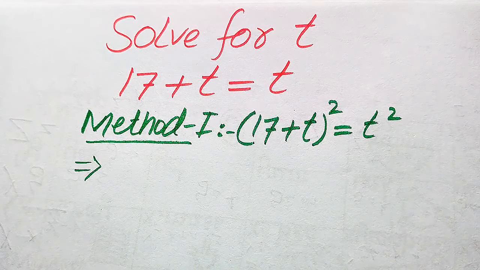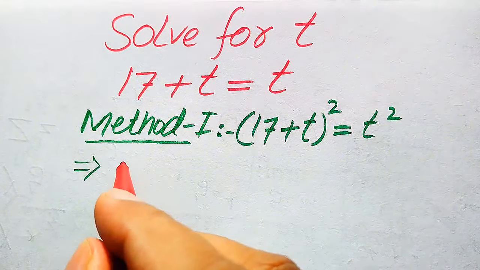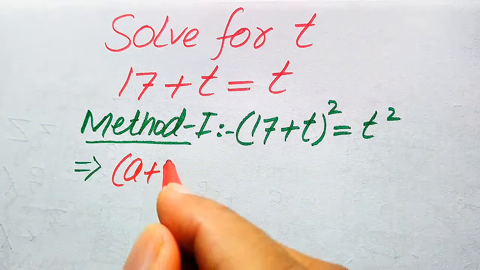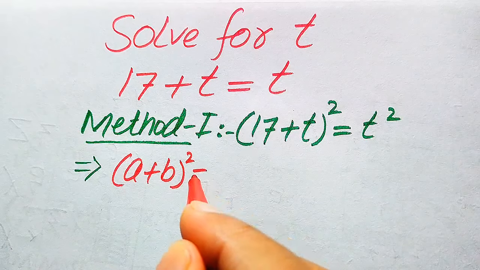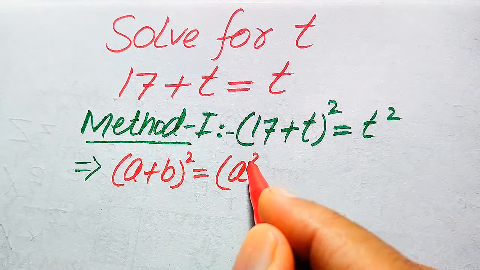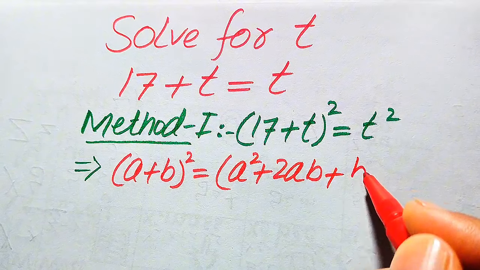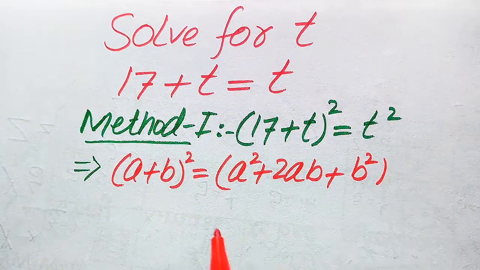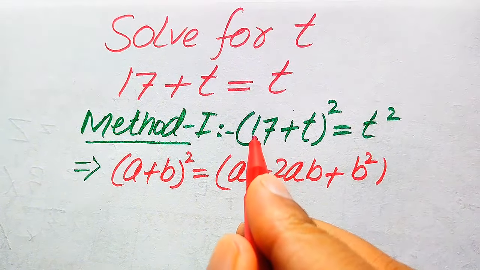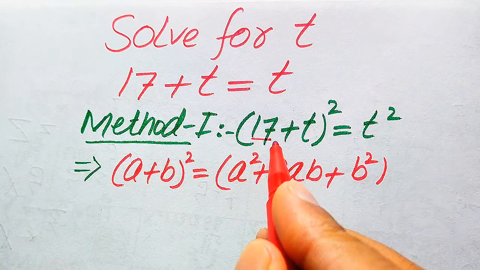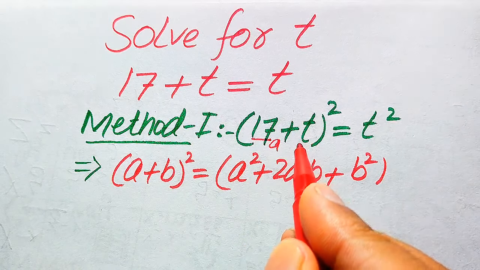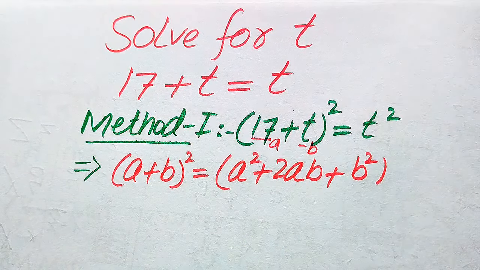Further, in the next step, we use the nice algebraic formula. You know that (a plus b) whole square is equal to a square plus 2ab plus b square. So this is our nice formula, and you see here this is our a, and this value is our b.